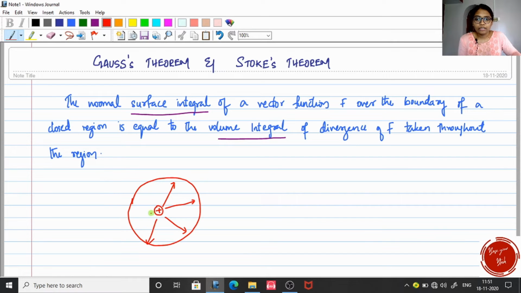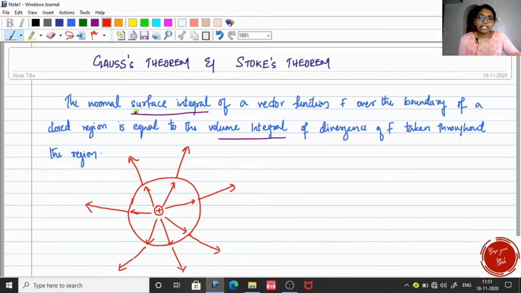And the flux is not constrained to this region alone because it crosses the closed region also, isn't it? The electric flux will pierce out of that sphere and go outside.